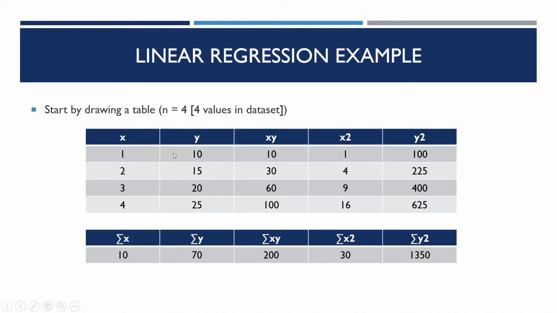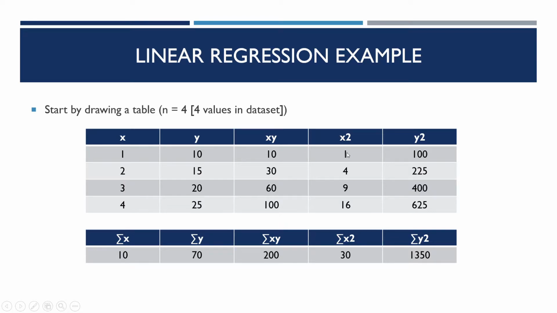What you then need to do is add on these three columns on the right, labeled xy, which is x times y, literally in this case 1 times 10. And you also have to have x squared and y squared as the extra columns. Forget the table below for the time being. To get xy, you multiply the first row of x by the first row of y, and you get xy, which is 10. 1 times 10 is 10.